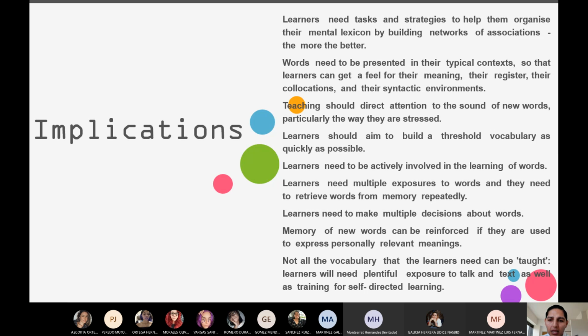Not all the vocabulary needs to be taught. Learners will need plentiful exposure to talk and text, as well as training for self-directed learning, for autonomy.